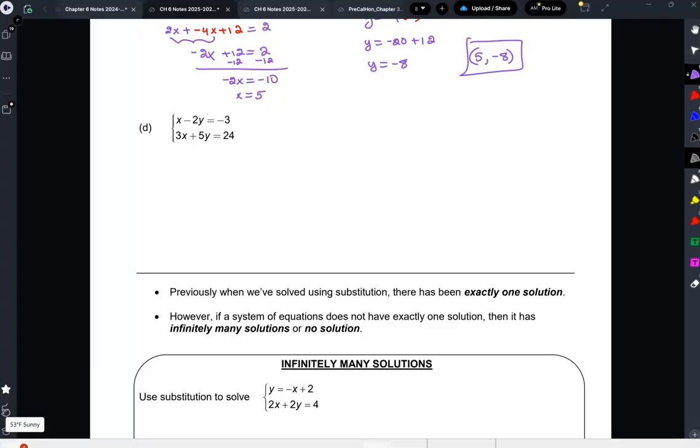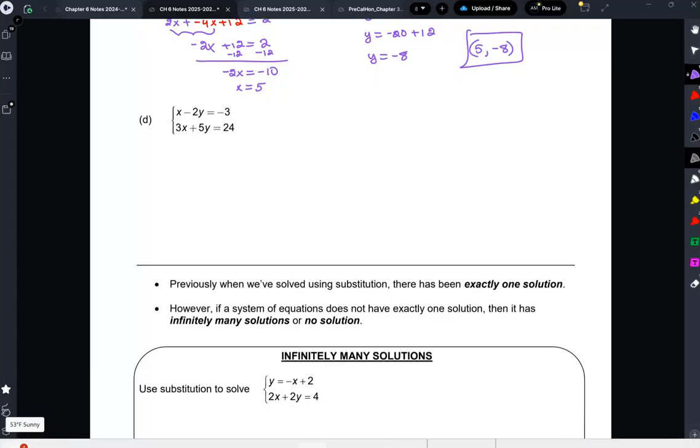Which one in here has a coefficient of 1? It's this x. So now I need to solve for that x. I need to get that x alone. So I'm going to do plus 2y plus 2y. X equals 2y minus 3.